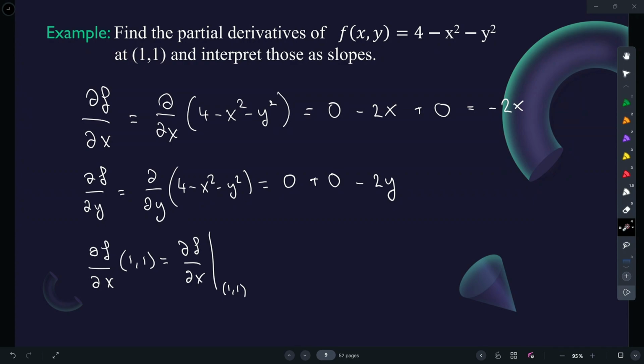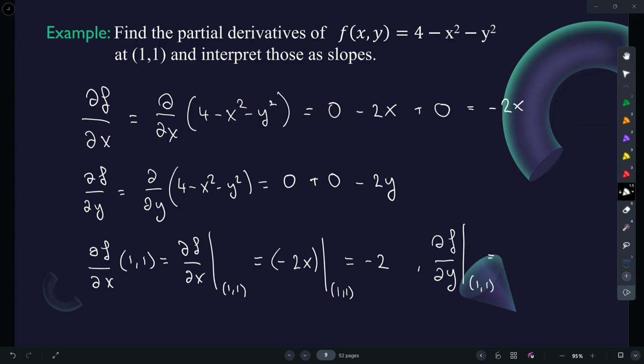Right now, it looks like it's just a function of x. The y's went away. They will not always go completely away, but in this case, they did. So now I'm evaluating the function minus 2x at (1, 1), where x is 1, y is 1, so I get minus 2. And similarly, when I evaluate the partial derivative with respect to y at (1, 1), it's minus 2y evaluated at (1, 1), so I get minus 2.